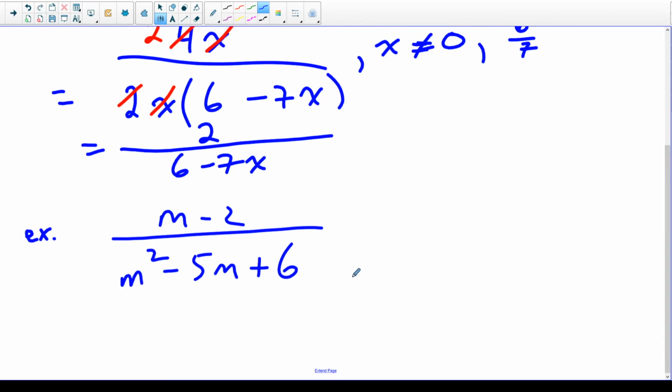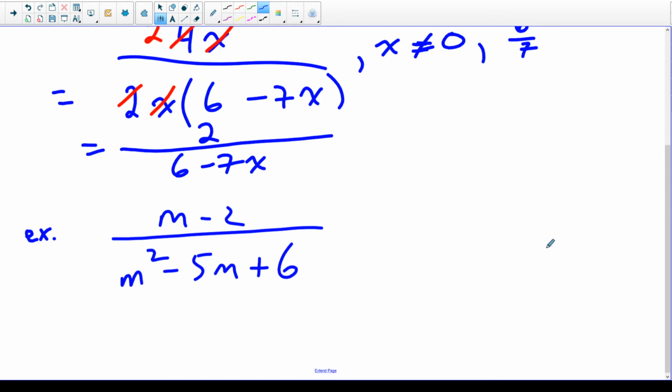Okay, so let's take a look at this next one. And this is what I was talking about just a few seconds ago. You're going to end up with some quadratic scenarios where you're going to have to use your factoring skills, factoring of a quadratic, specifically a trinomial, to get the format you need to find your restrictions.